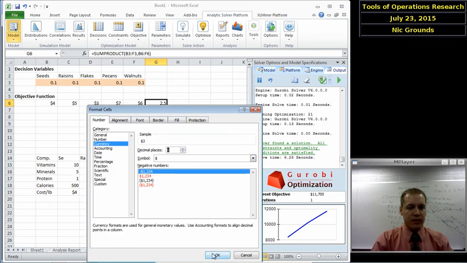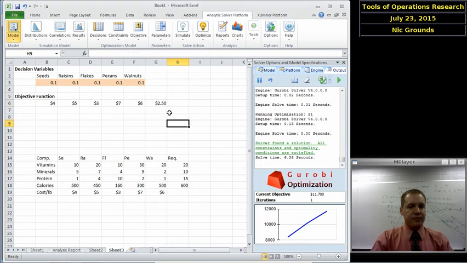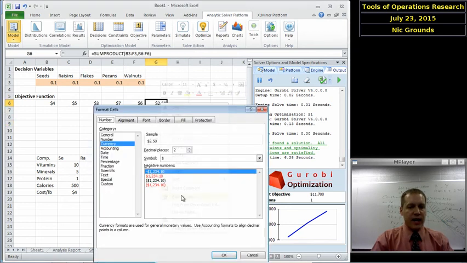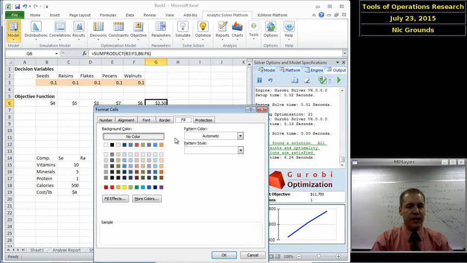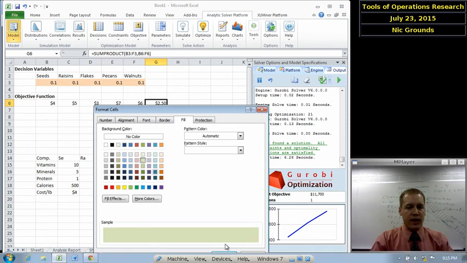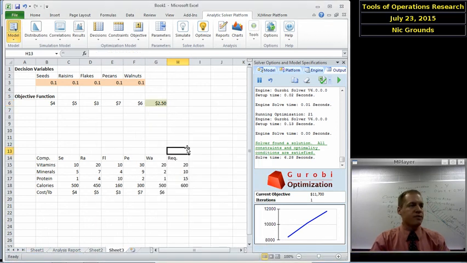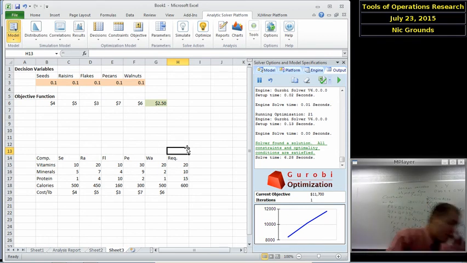Okay, we'll make that a dollar amount. Let's make it 2 decimal places. So in this case, if we got 1/10 of a pound of every ingredient, the trail mix would cost $2.50 per pound. Sorry, per bag of the trail mix.